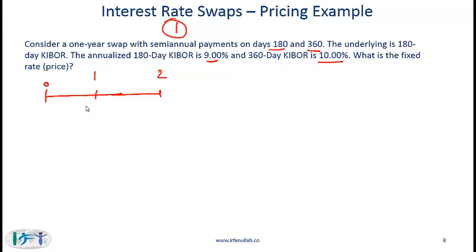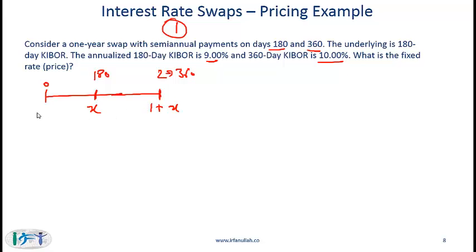So on a fixed rate note, let's say that you pay X at period 1. Period 1 is actually day 180 and period 2 is day 360. So you pay X and then how much do you pay at the end? It's 1 plus X.